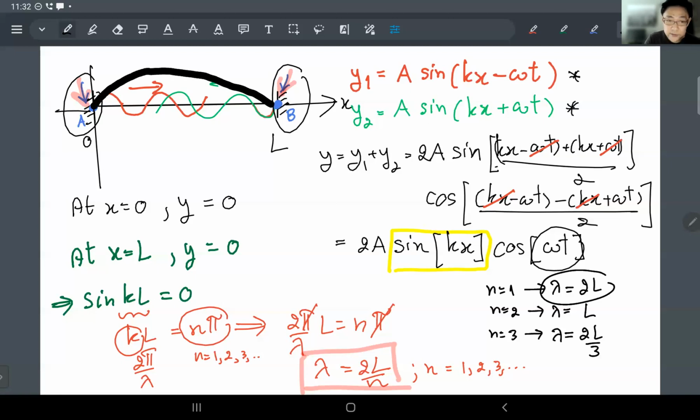Right there. You guys with me? Because the lambda is 2L, 2L must be twice as long over here. But I only fix everything within just the length L. So I take the one out. That is my condition that the wave can fit in here. If you don't like this one, n equal to 2 requires that lambda is L.